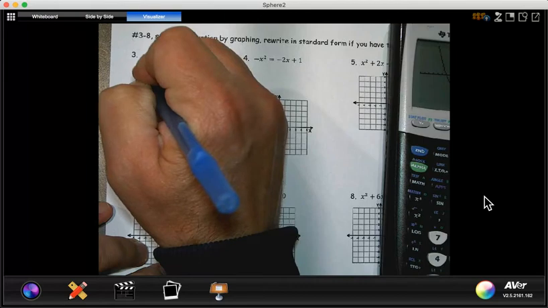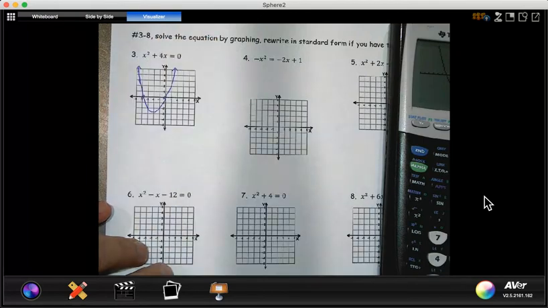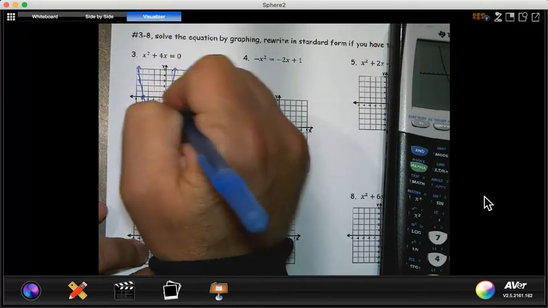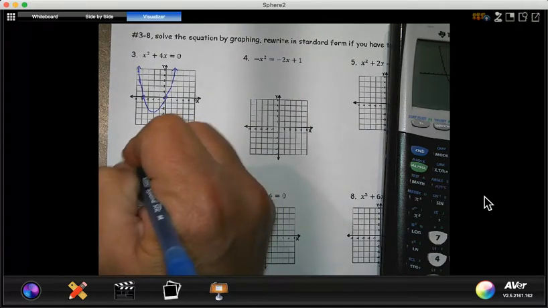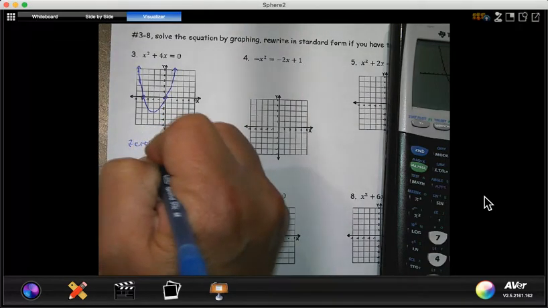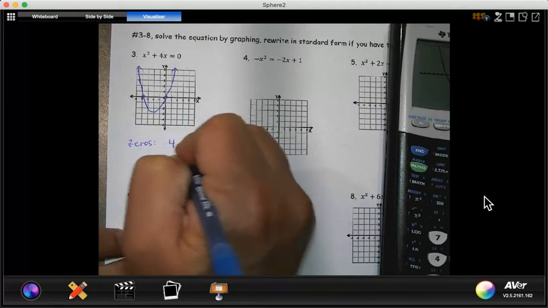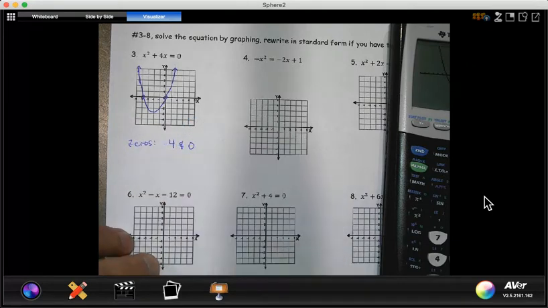It looks something like that, just a rough sketch, but make sure you get the zeros. So the zeros are at -4 and 0. Okay.